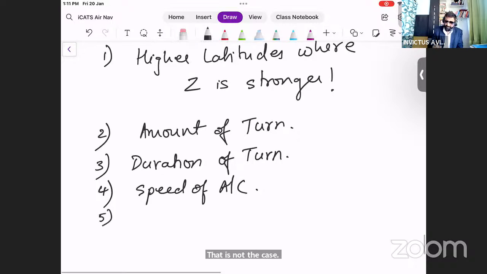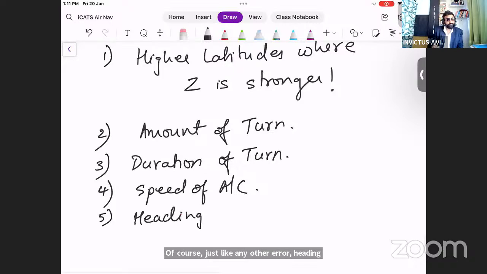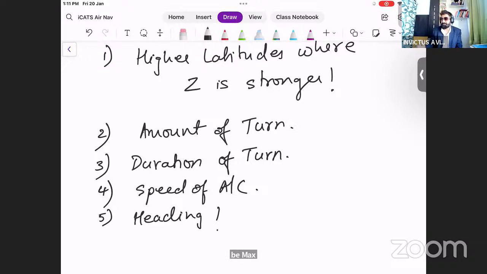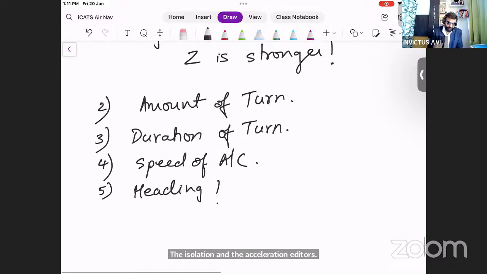Of course, just like any other error, heading, we already know turning north and south, it will be max, and it will be 0, east or west, opposite to the acceleration and deceleration errors. So remember that point also.